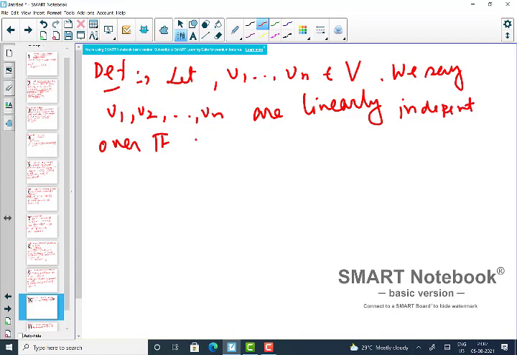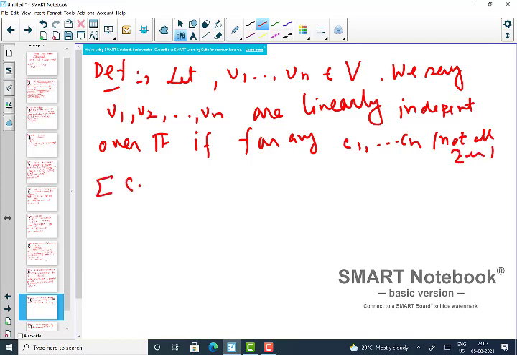That is, for any c1, c2, ..., cn not all zero, the linear combination summation ci vi, i equal to 1 to n, cannot be zero. Obviously if you choose all of c1, c2, ..., cn to be zero, then it will be zero. That's why I'm choosing not all zero.